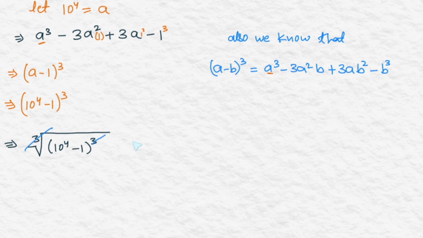Now this will cancel out, and we'll get 10 to the power 4 minus 1. 10 to the power 4 is nothing but 10,000, and minus 1 will further result in 9,999. This is our final answer.